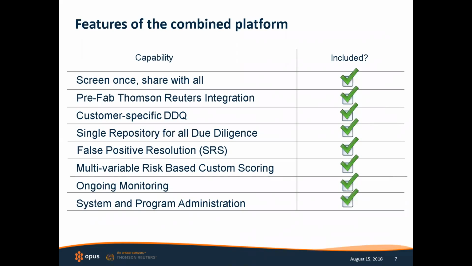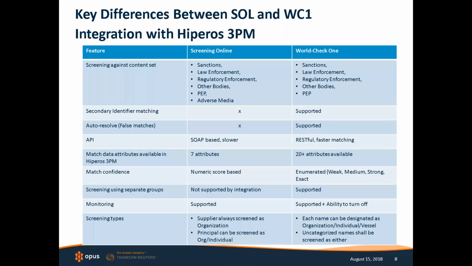So that is the combined platform, and that's what you are able to do together with Hiperos3PM and Thomson Reuters. So now what's different? And I've tried to summarize that. I know this is a slightly busy slide, but I've tried to summarize it on one slide so that you get a sense for what is different and what is so much better with WorldCheck 1.